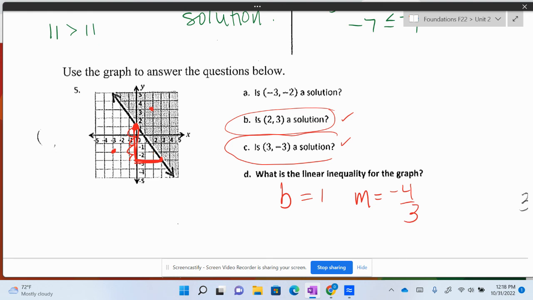So what's my inequality? Is it going to be greater than or less than? Good job.